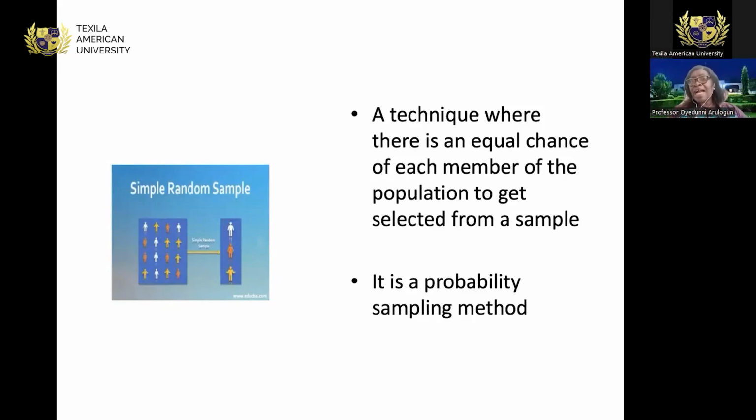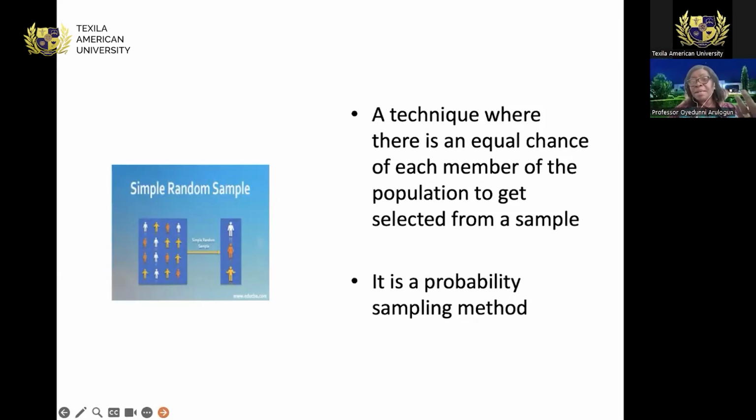So everybody has equal opportunity to do that. But we know that simple random sampling is only possible when we have a small manageable population. But where you have a large population, simple random sampling may not be possible, but it's the most basic of these probability sampling methods.